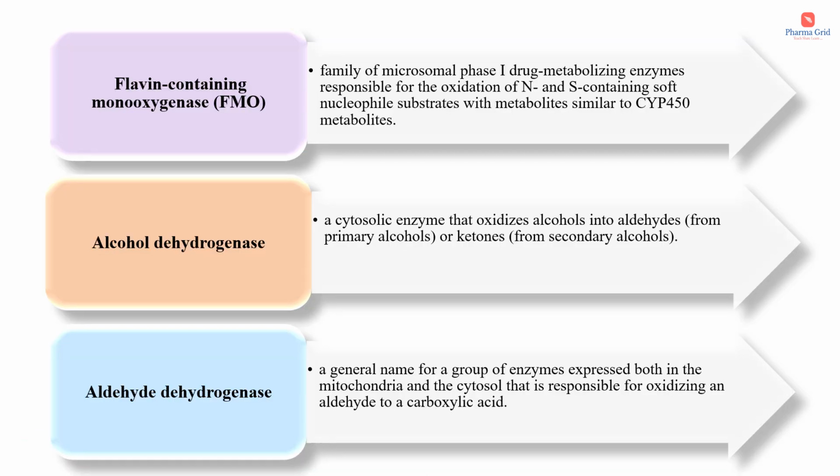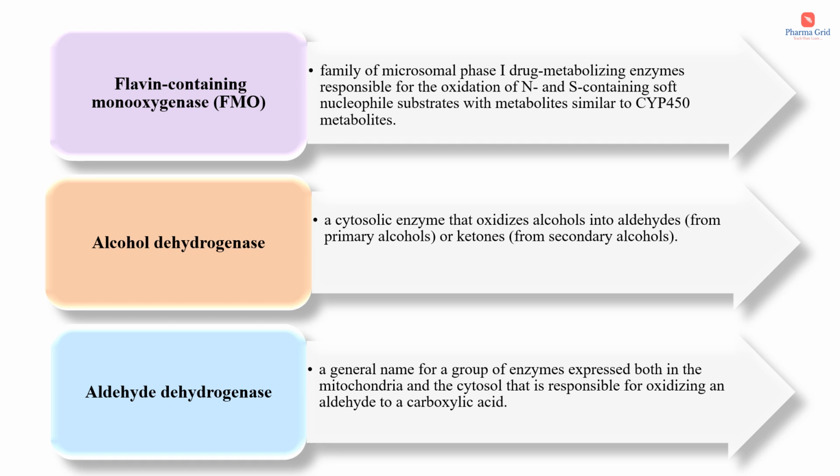So we have already discussed cytochrome P450 isoenzyme, which is responsible for metabolizing most of the oxidation reactions. Here we will learn about more enzymes which are involved in oxidation reactions. The first one is flavin containing monooxygenase or FMO.